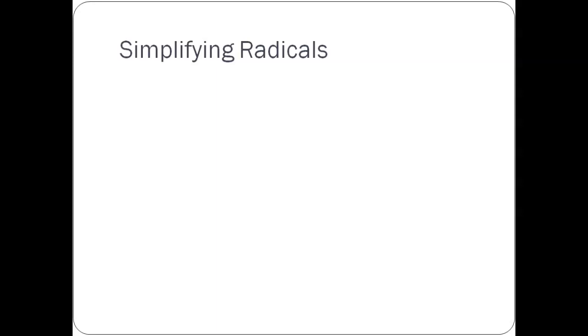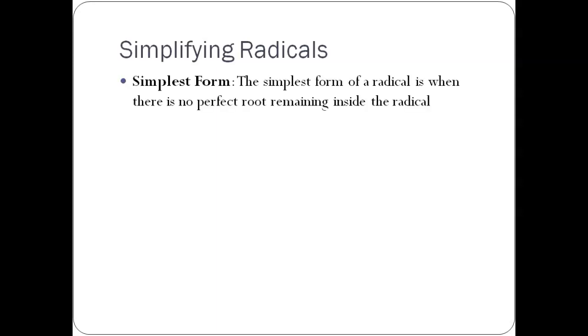Now when we say that we want to put a radical in simplest form, we are trying to get a radical so that there is no perfect root remaining inside the radical. Okay, so the simplest form of a radical is when there is no perfect root remaining inside the radical.